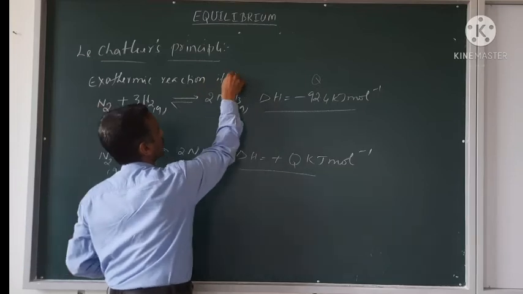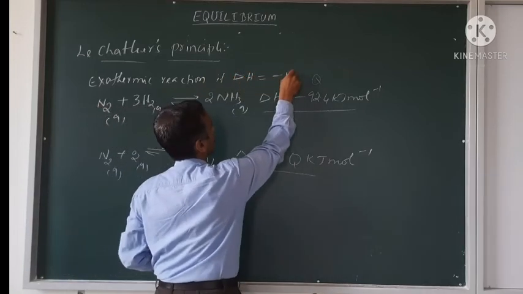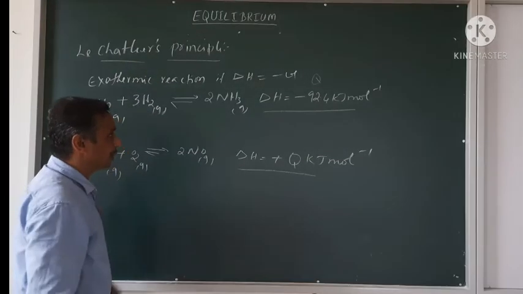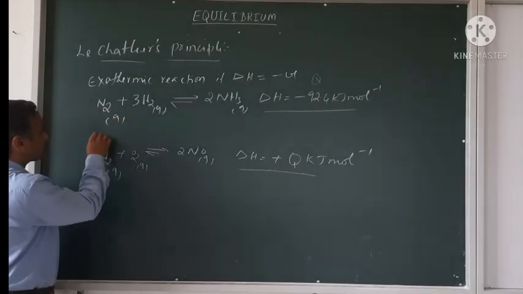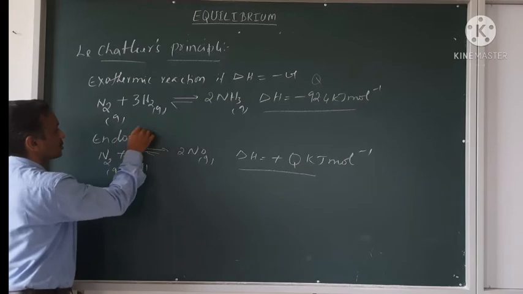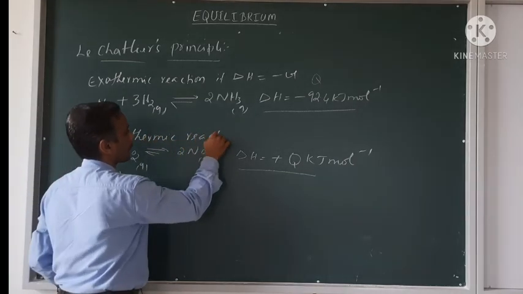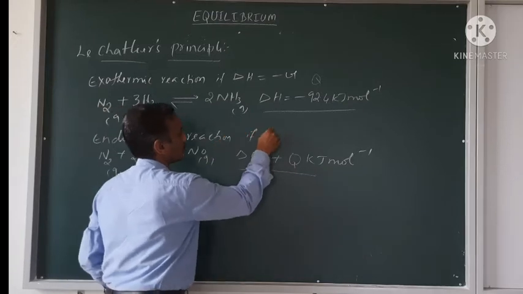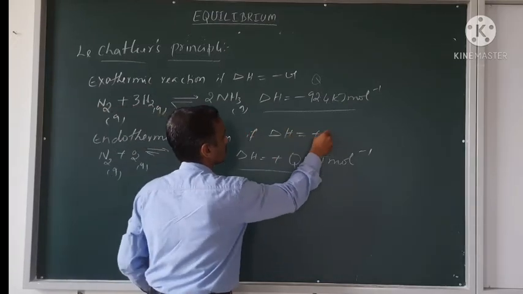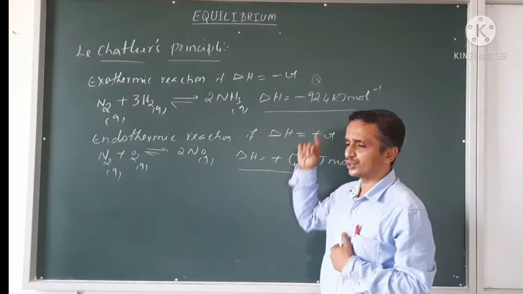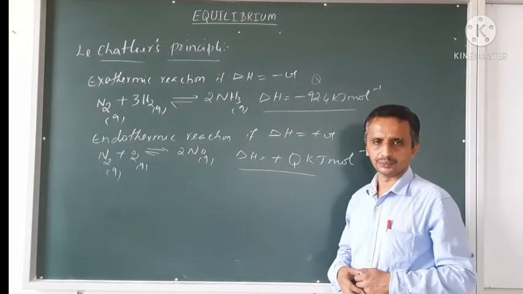Whereas if the delta H is positive, we call it an endothermic reaction. So I should know what is an exothermic and what is an endothermic reaction.